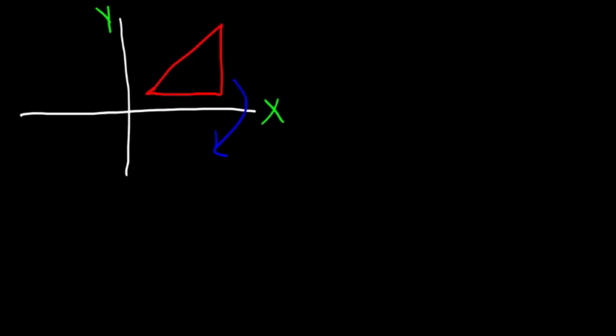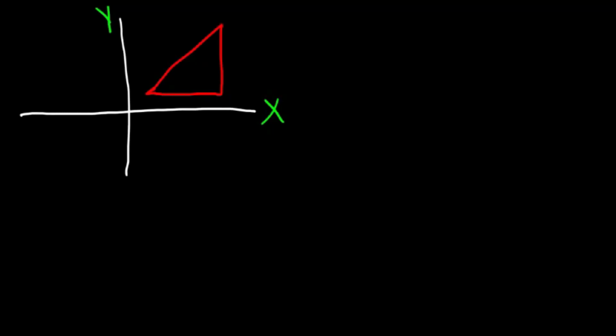So let's say we have a triangle in quadrant 1, and we wish to reflect this triangle over the x-axis. This is the x-axis, and here is the y-axis. How will the image look? If you're going to reflect something over the x-axis, it's going to move from quadrant 1 to quadrant 4, and it's going to flip at the same time.